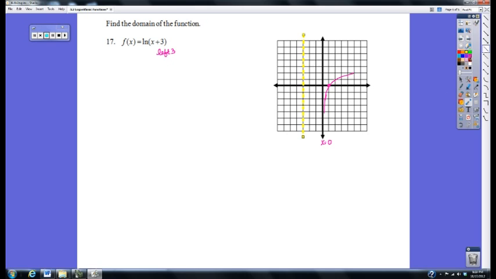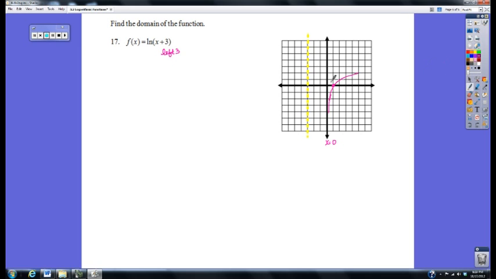And your graph, moved to the left 3 places, 1, 2, 3, will be right here. Left 3. Now we sketch the graph of it.